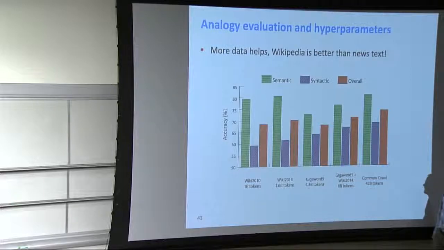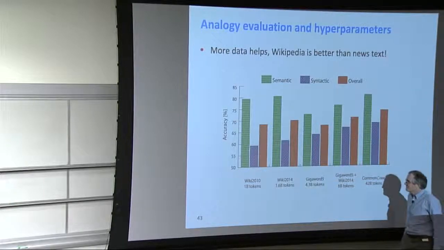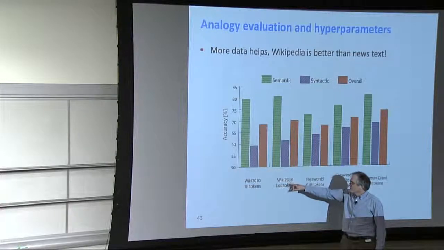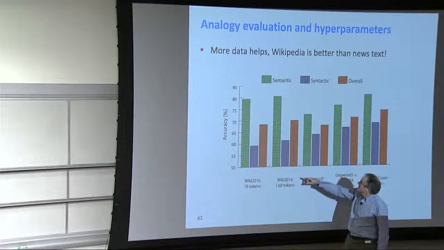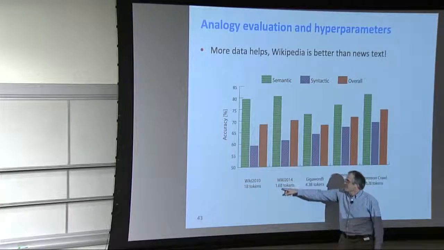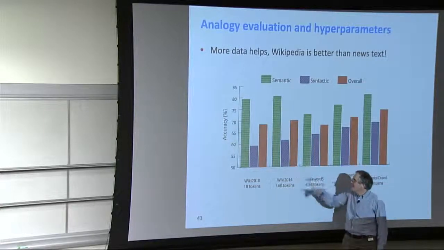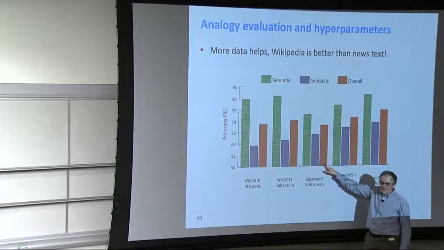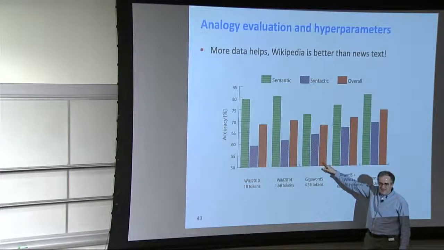But there's something else that's interesting in this graph, which is that using Wikipedia works freakily well, so that you actually find that 1.6 billion tokens of Wikipedia works better than 4.3 billion tokens of newswire, newspaper article data.